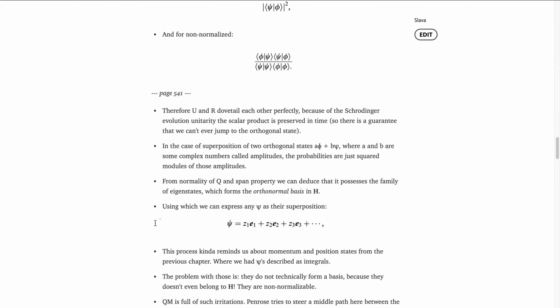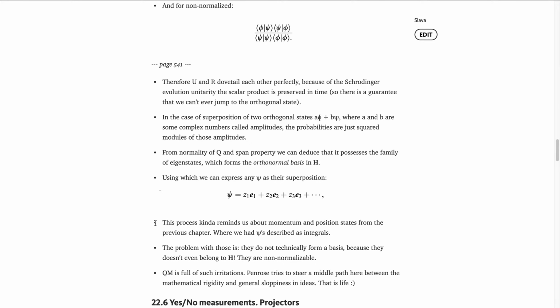And on the next page he talks about the U and R processes, that they dovetail each other perfectly because of the Schrödinger evolution unitarity. The scalar products are always preserved in time, and so there is a guarantee that we can't ever jump, with time going on, to some kind of orthogonal state after the measurement.